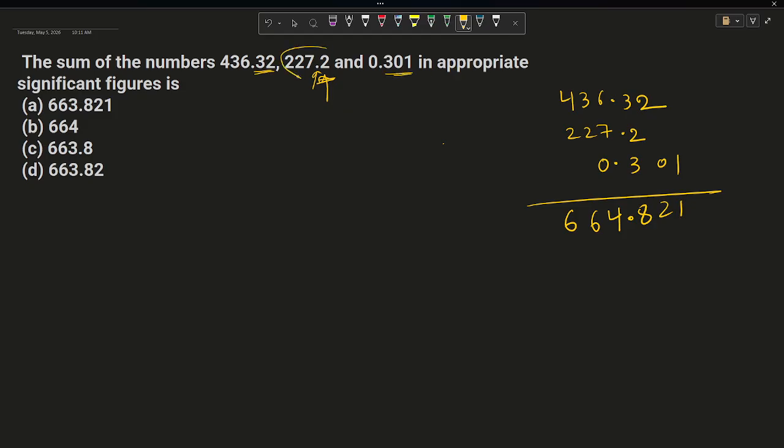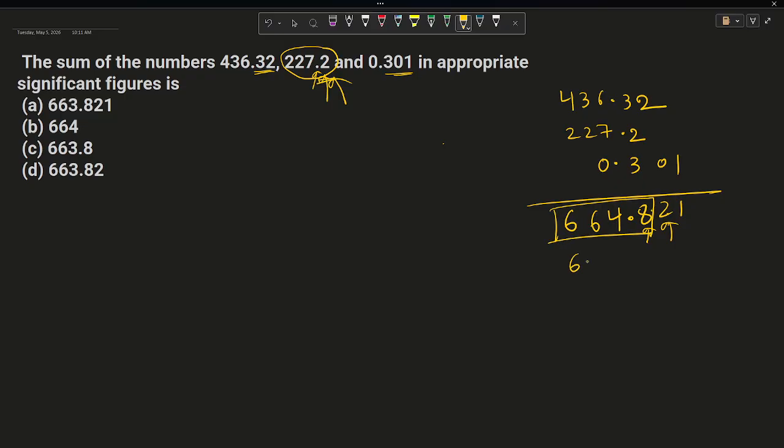So I have to reduce after the decimal to one place. So check whether this number is less than 5. So obviously the digit before it will not be changed.